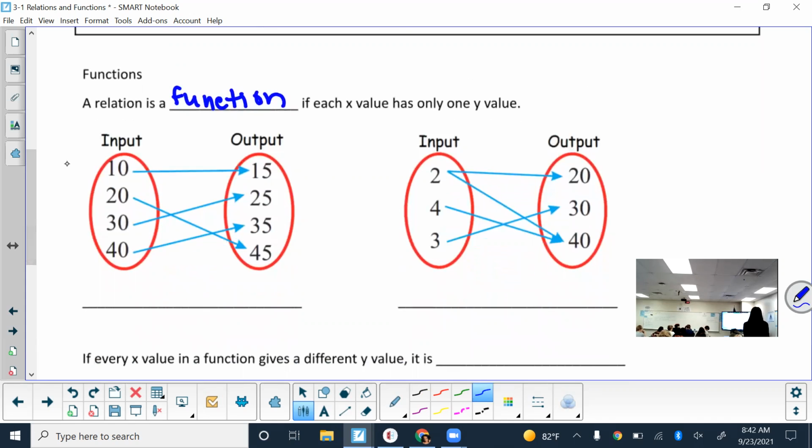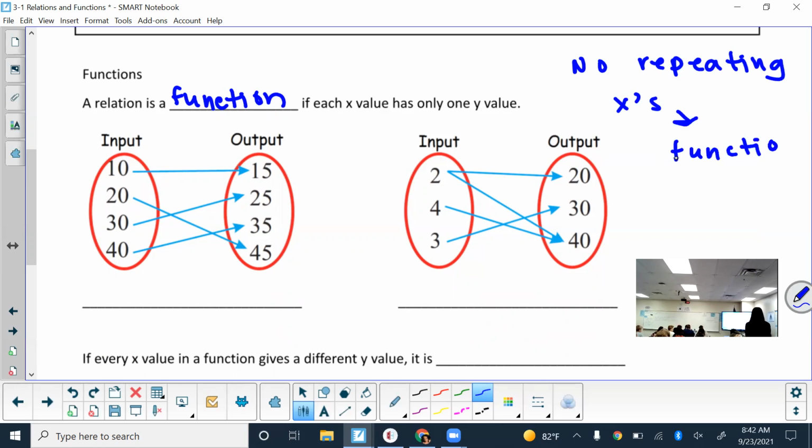So if you look at your set of data and you see that there are no repeating x's, then you know that it is automatically a function. You don't even have to look at the y's.